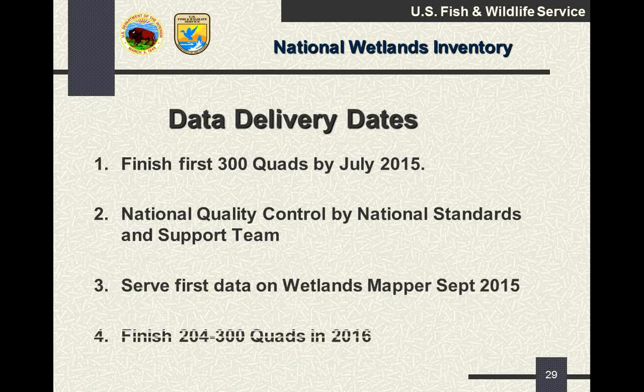Then we should finish the next 204 to, I say 204 to 300 quads. I know that's a big gap, but the way our contract works, it's based on how much funding is left. They are required to accomplish the first 504 and any more that they can do after that. So we're hoping for more, and I have no doubt we'll get more. Well, they always do.